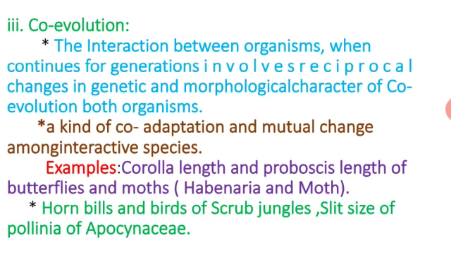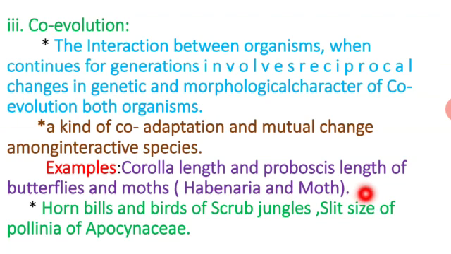And next one is coevolution. Here the interaction is between two different structures that have genetic and morphological structures that are the same. Such things will be named coevolution. It can also be named co-adaptation. The corolla length as well as the proboscis length of butterflies and moths will be the same, and hornbills and birds of scrub jungles look alike.